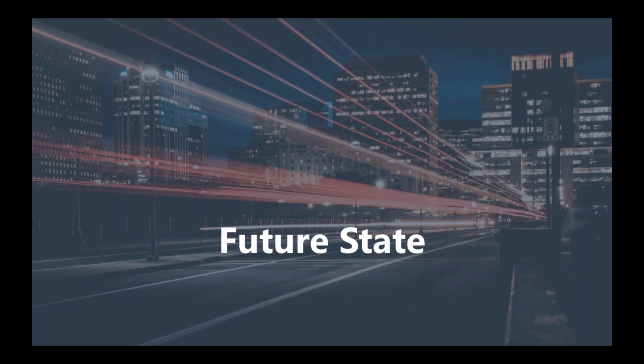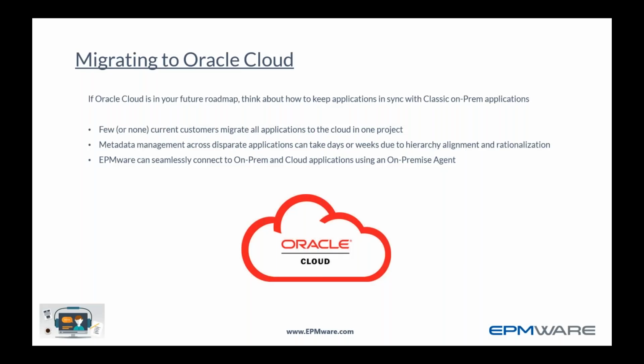So now future state, migrating to Oracle Cloud, and it's kind of just what we talked about right now. If we're going to move over to Oracle Cloud, chances are you're not going to go to PBCS and OAC and FCCS all in one shot.